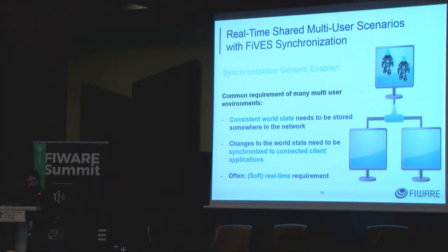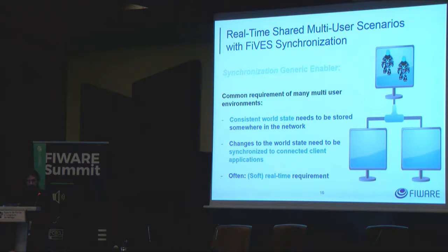The role of it is to, or let's maybe start like this. If you want to provide a multi-user environment, the most common requirements are that there needs to be a consistent world state that is to be stored somewhere in the network, either on the different nodes connecting to the application or on a server node that is running somewhere in the cloud.